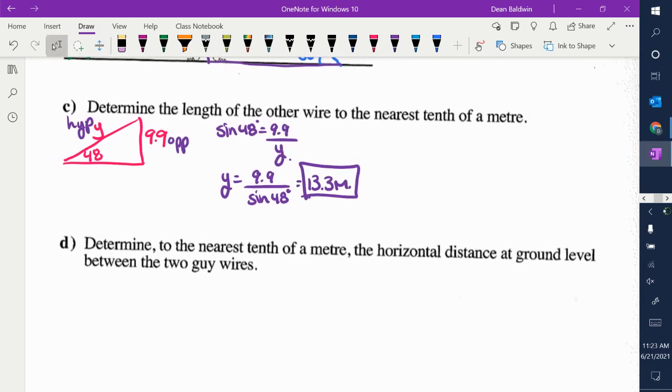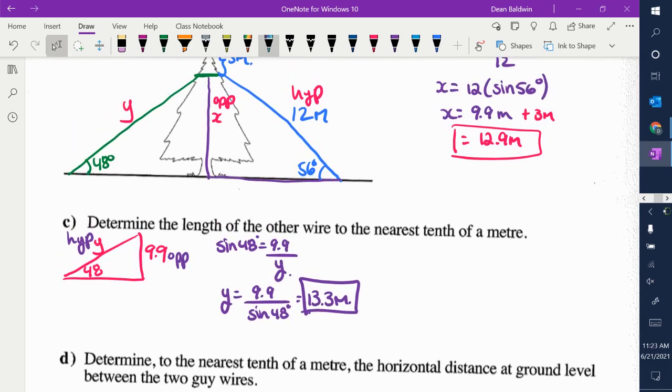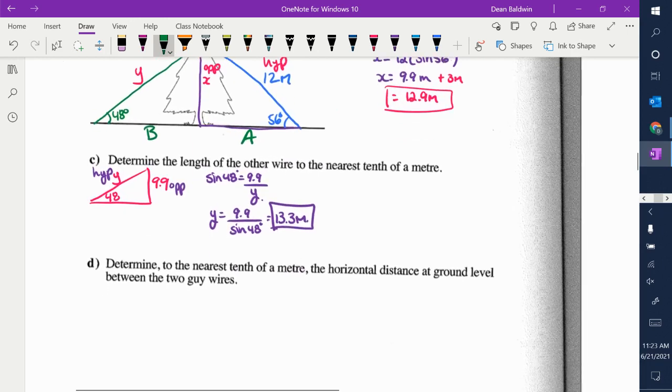Okay, last question, D. How far apart are the two wires? Right, so I want to find this distance, I'll call it A, and this distance B. So you're going to use each individual triangle to find those two distances and add them together. I'll redraw the triangle down here. That's 9.9. That's 12.